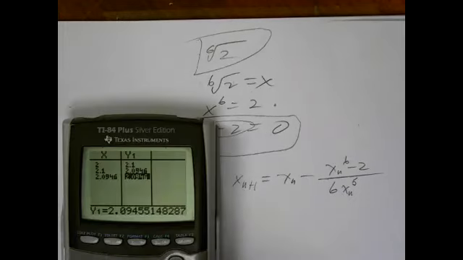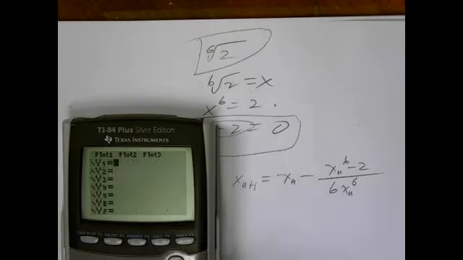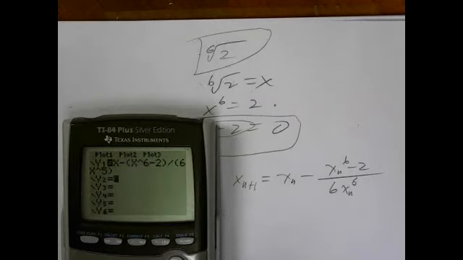So back to the calculator for that one. Clear out the old and put in x minus, and in parentheses, x to the power 6 minus 2 over 6x to the power 5, and close the parentheses, and wonder what the guess would be.